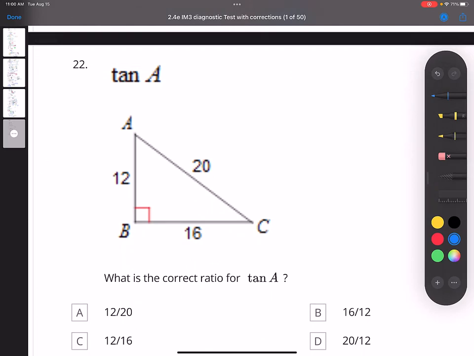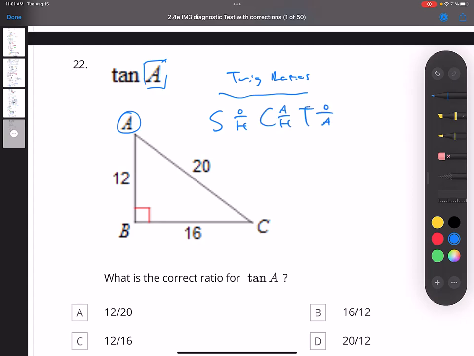22, they're asking you for tangent of A. Starting here, the trig ratios, we call it SOHCAHTOA. And so tangent would be this one. From A, you would label the sides.